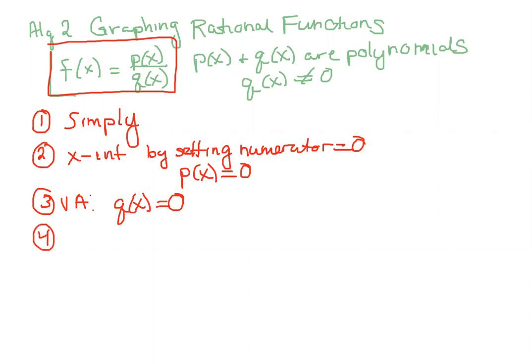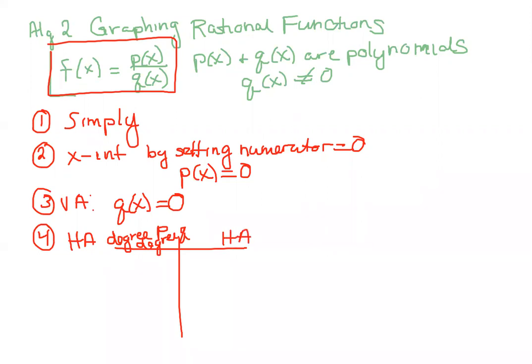Then we're going to find horizontal asymptotes using these rules. There's a little chart right here, with the degree of p and degree of q. Degree is the biggest exponent of x. And then this over here is going to be our horizontal asymptote.